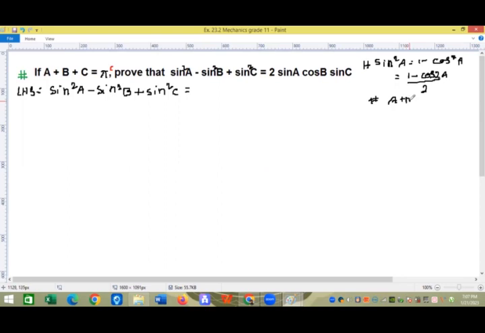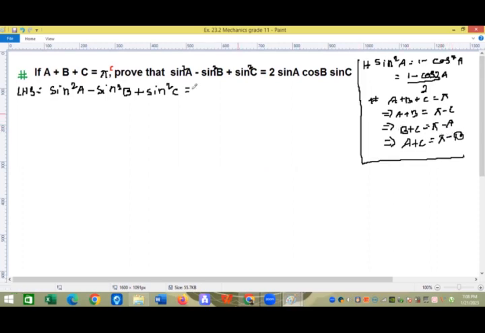So this is a plus b plus c is given pi. So it means if you require a plus b, you can write in place of a plus b, pi minus c. In place of b plus c, you can write here pi minus a as needed. And in place of a plus c, you can write here pi minus b as required.